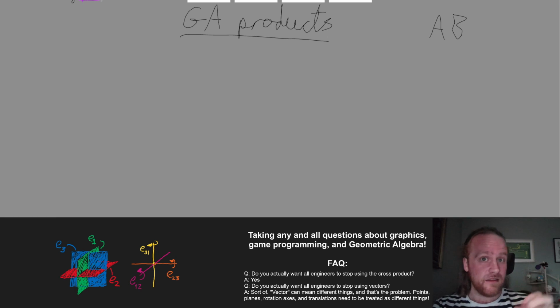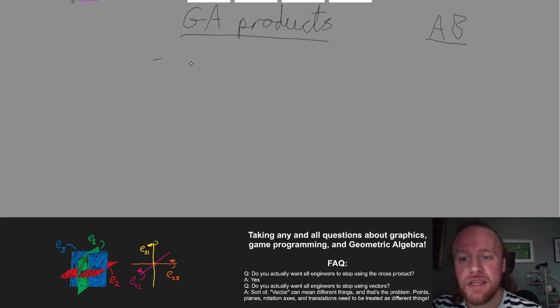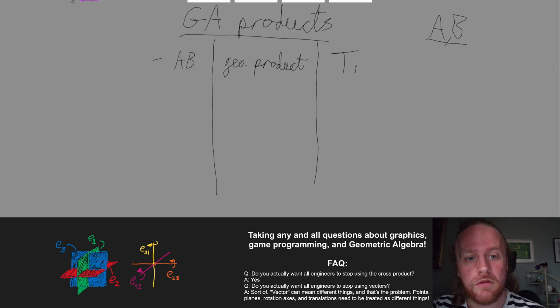They could be anything. You can take the product of anything with anything. A B is called the geometric product. And it is transform.